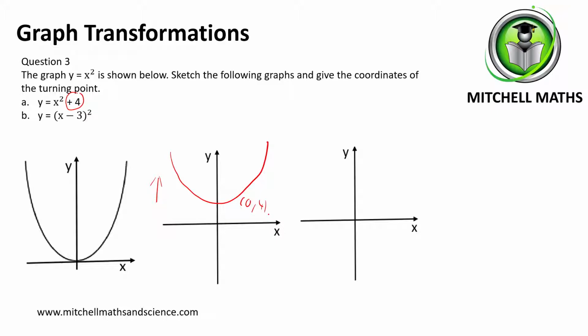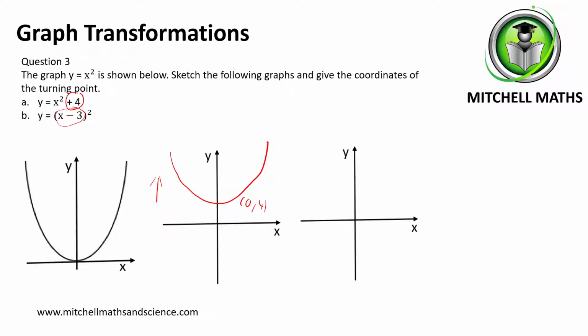That's the turning point. In this one, we've got y equals x minus 3 squared. So in this one, we're taking away from the x directly. Now, if you remember what we said, when you add to the x, you go to the left, the negative x direction.